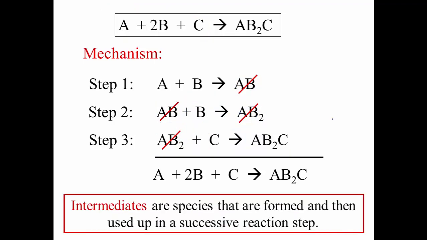Intermediates, again, are species that are formed and then used up in a successive reaction step. Usually the step directly after it, but not always. So as long as they cancel out in the end and are not there, you know they are an intermediate.